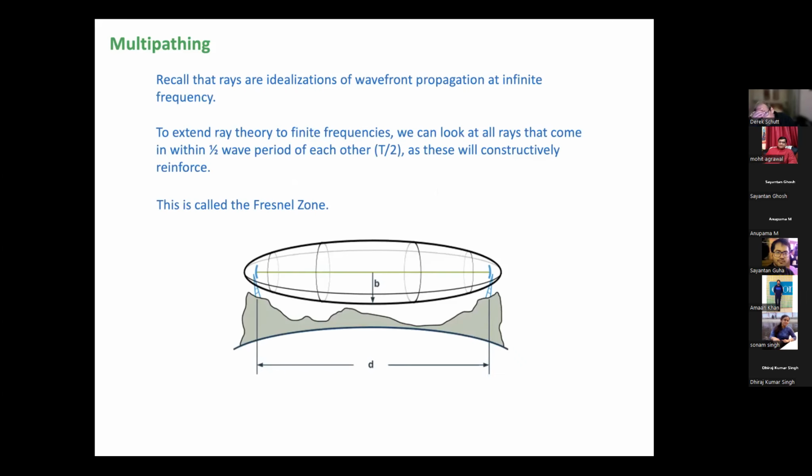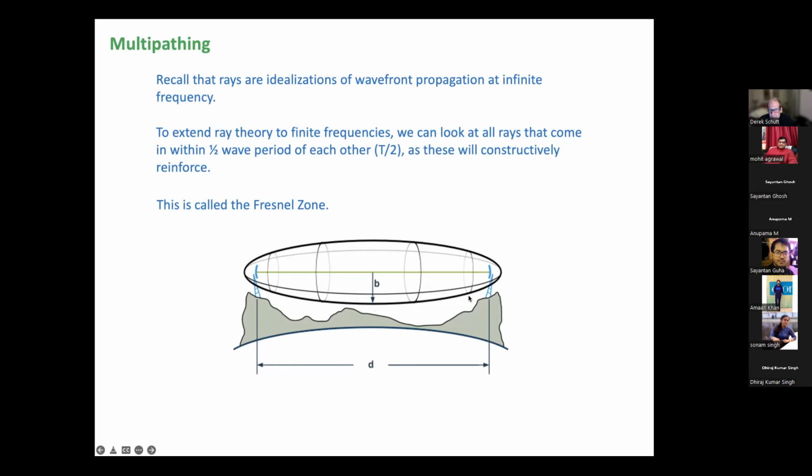Now, rays are idealizations of wavefronts propagating, and technically a ray is a wavefront of infinite frequency. So to extend ray theory to finite frequencies, we can look at all rays that come in within a half wave period of each other, as these will constructively reinforce. And this is called the Fresnel zone.